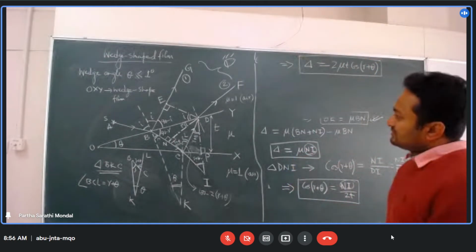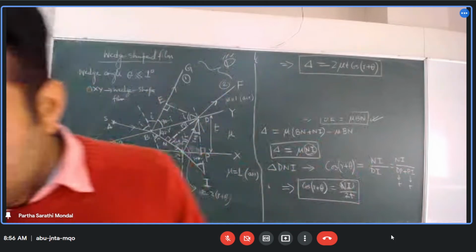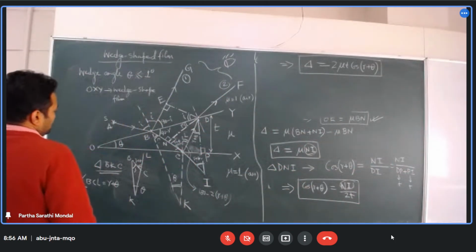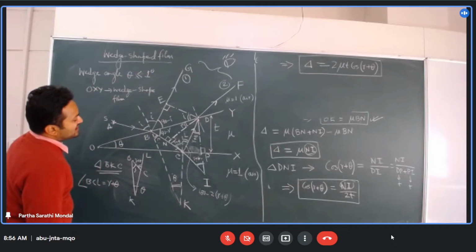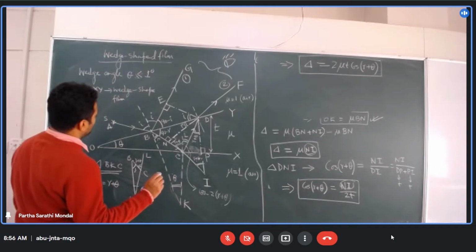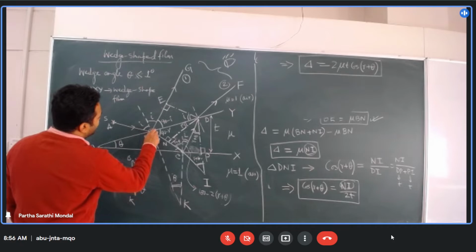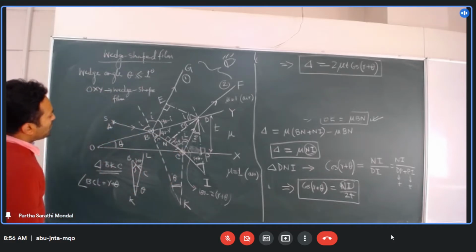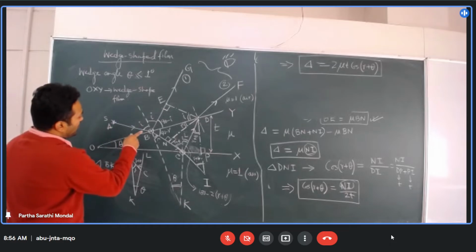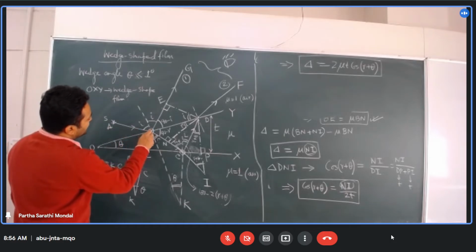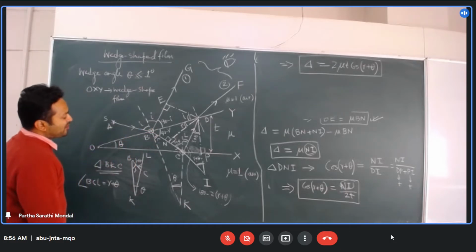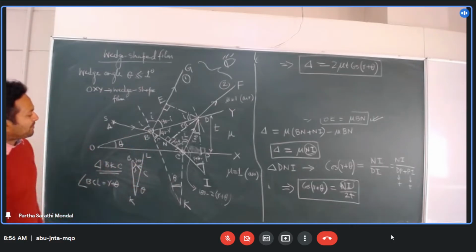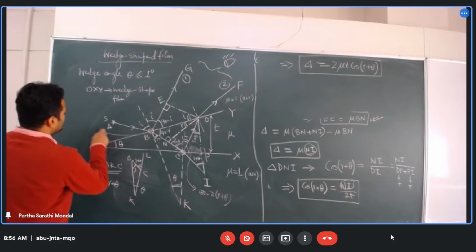Now again we have to see whether you have any reflection from the denser medium. Obviously you have two reflections, one at point B, another at point C. At point B, the ray 1 is suffering a reflection from the denser medium, so you will have a path change of lambda by 2.